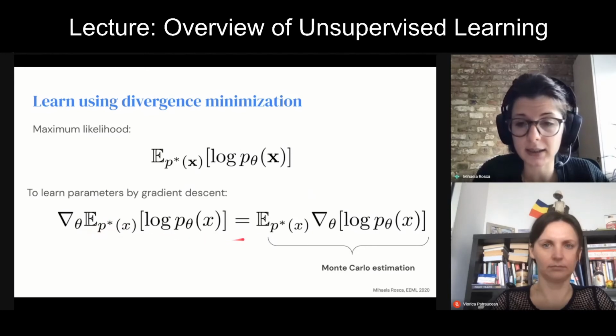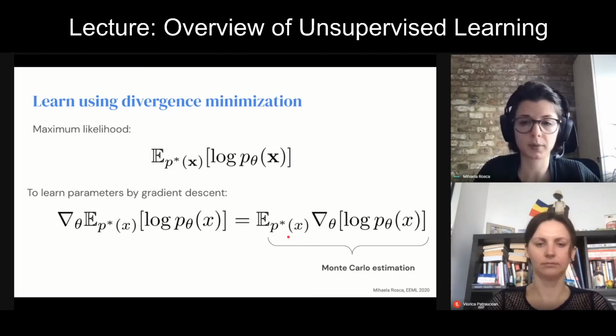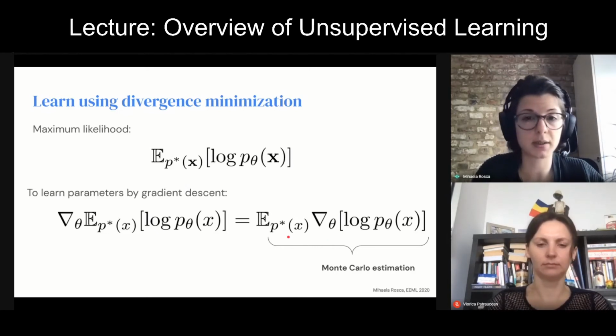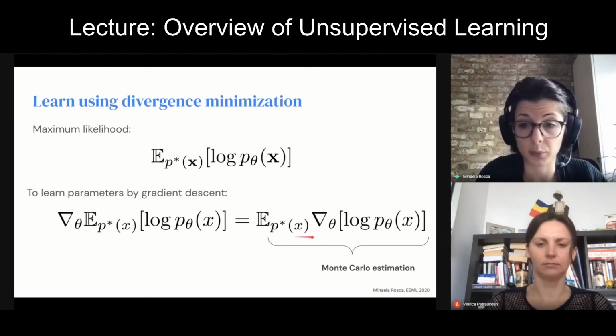So it turns out that in that case, we can swap the gradient and the expectation, and we can use Monte Carlo estimation here. So we're using Monte Carlo estimation not to approximate the objective only, but also the gradients themselves. So what we do is for example, let's say use backprop to compute these gradients, and then we average over a set of samples.